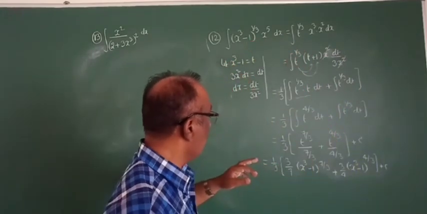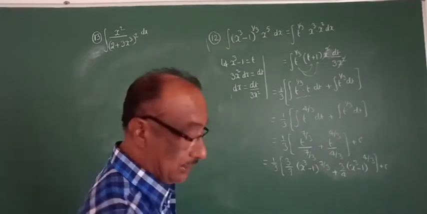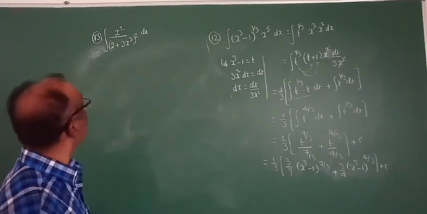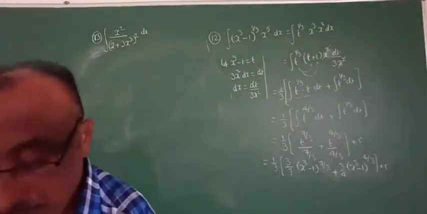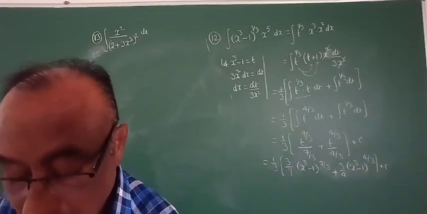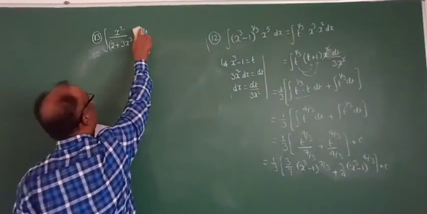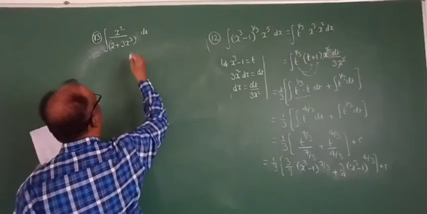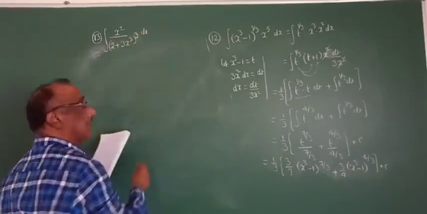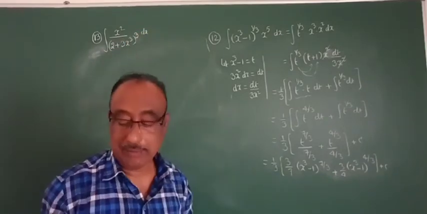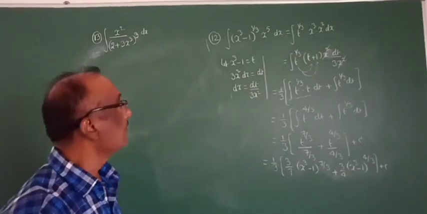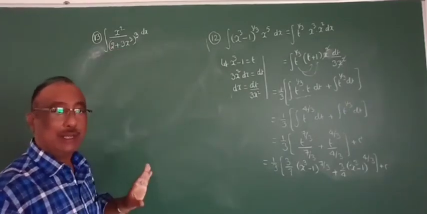Denominator is 2 plus 3x cube. Right, everyone do. So, no formula for u by v.